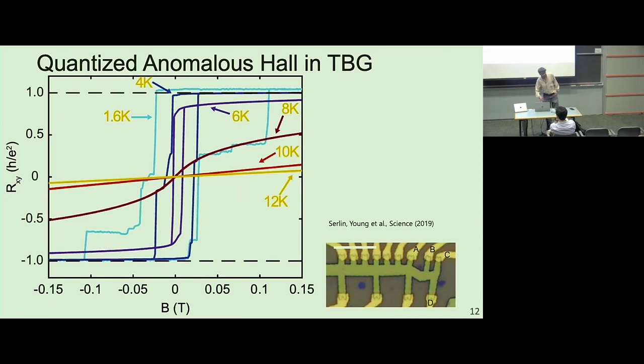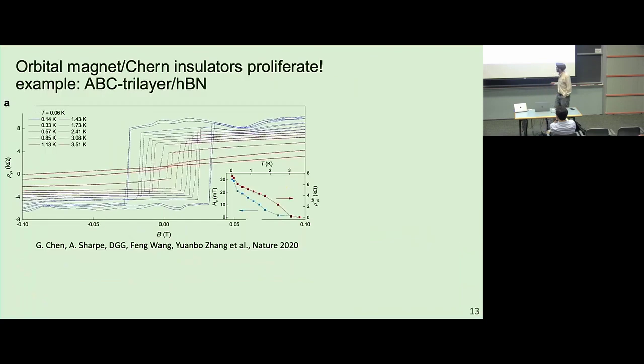And there's a lot more to this story, but as I think you've seen earlier in this conference, though this was, to my knowledge, the first known orbital magnet at zero magnetic field, now those have proliferated. Here's just one example from work that I did in collaboration with Feng Wang and Yanbo Zhang on rhombohedral graphene ABC trilayer aligned with boron nitride with a displacement field.